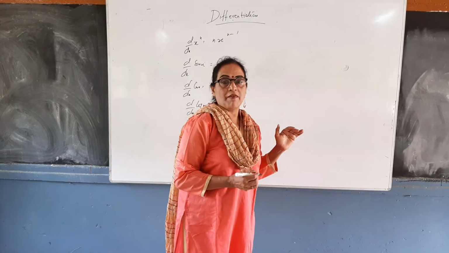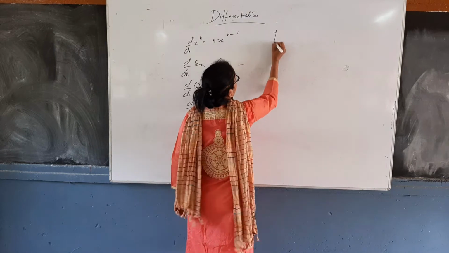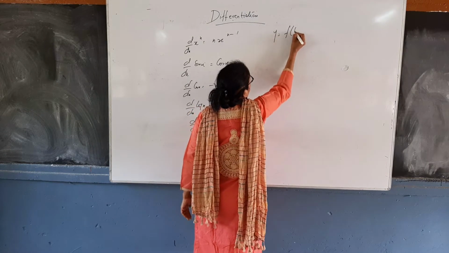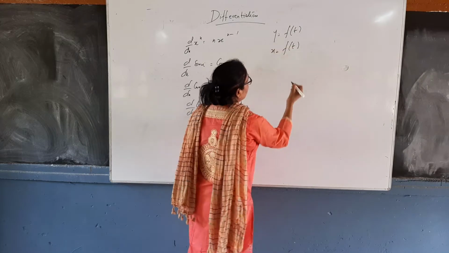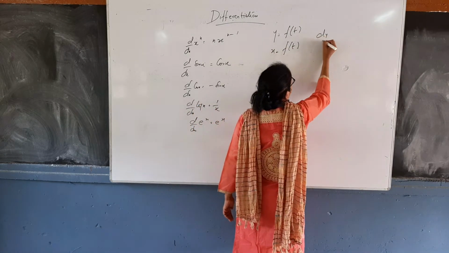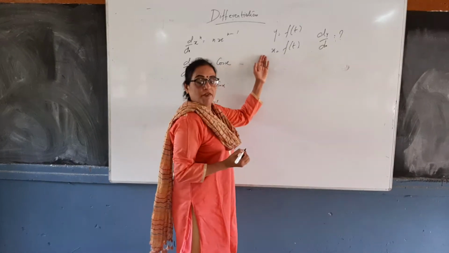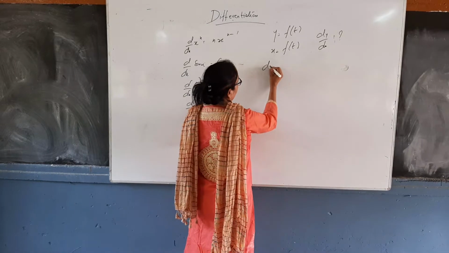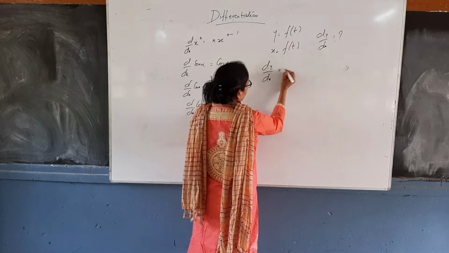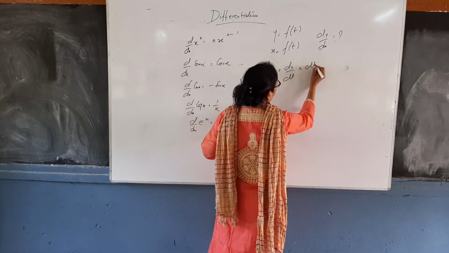Now this year you have function of a function. Function of a function means y is a function of t and x is a function of t. Now we have to find dy by dx. So this is a function of a function, and we will use the chain rule. It will be dy by dx equal to dy by dt into dt by dx.